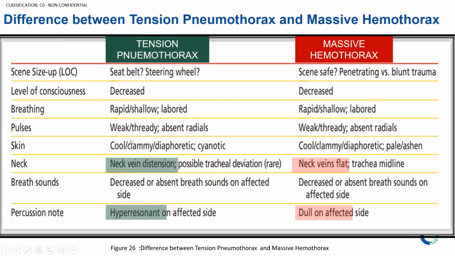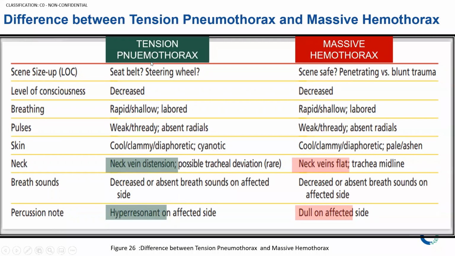Breathing, both will manifest rapid, shallow, and labored breathing. Pulses will be weak and thready in both tension pneumothorax and massive hemothorax. Skin, both will manifest cool, pale, clammy skin as the patient is in shock.